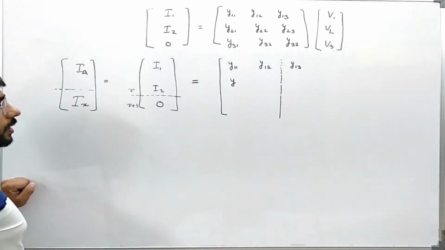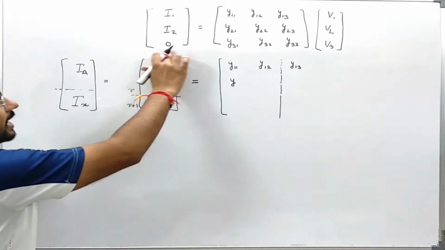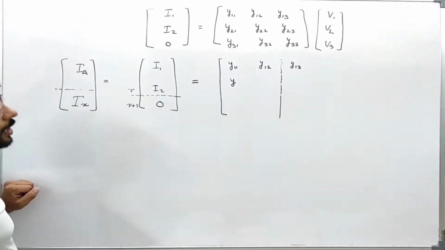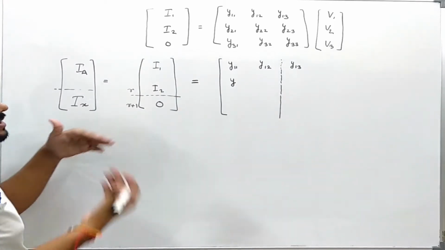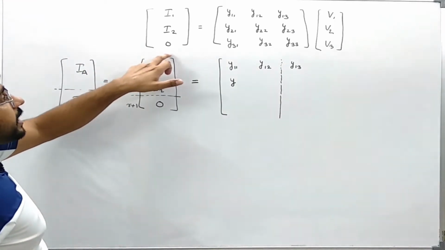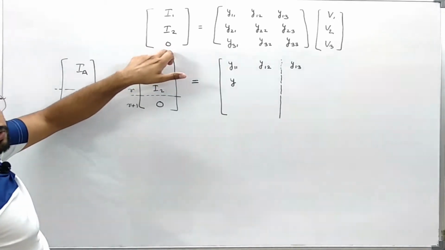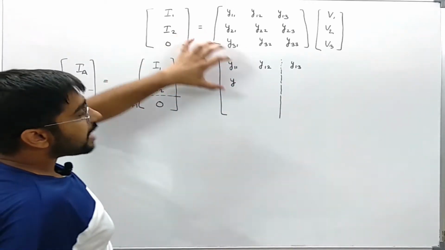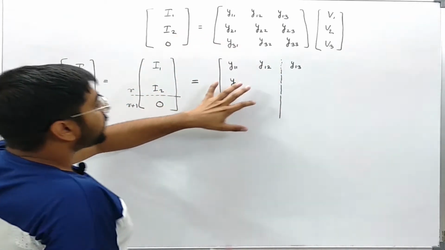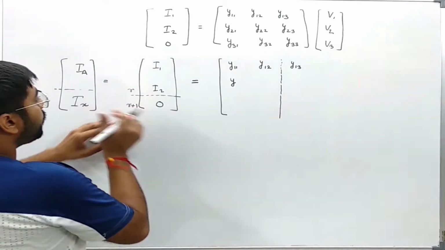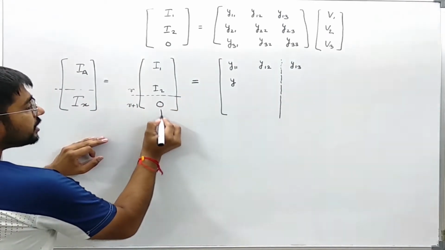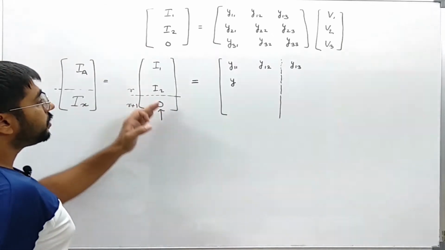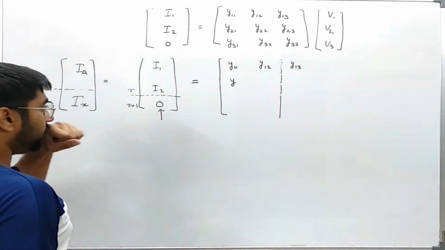Now you should also note that in our case I have taken bus 3 as having current 0 entering into it. If there was some other bus, let us say I4 was also there and I4 was not having a non-zero value, then we would have to modify the admittance matrix accordingly, so that the zero element part is in the last, that is the highest row part.